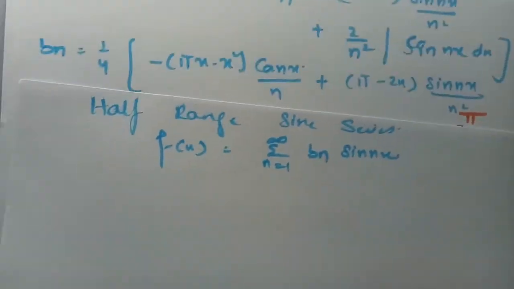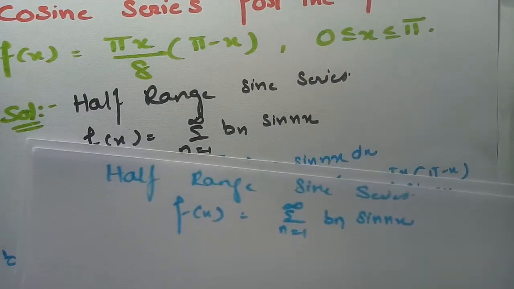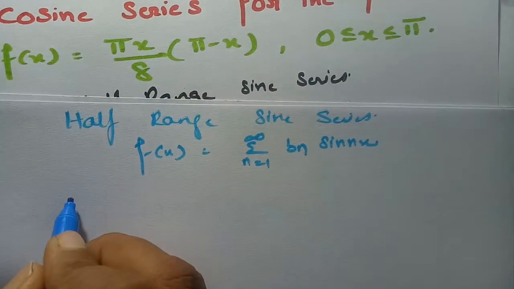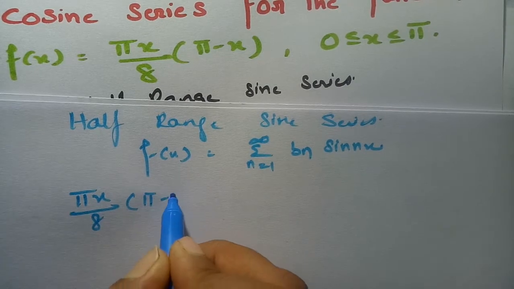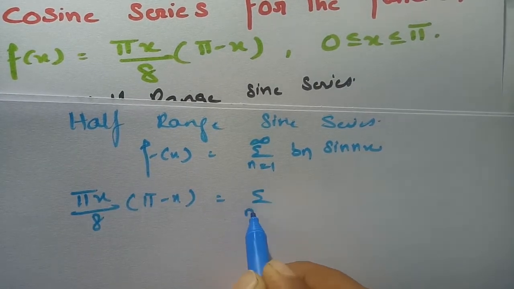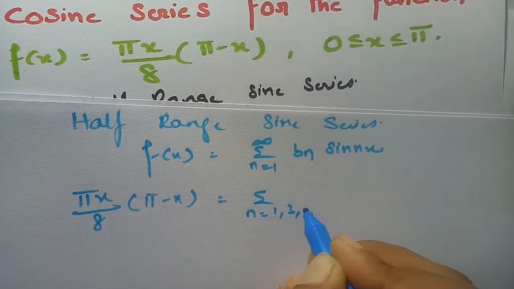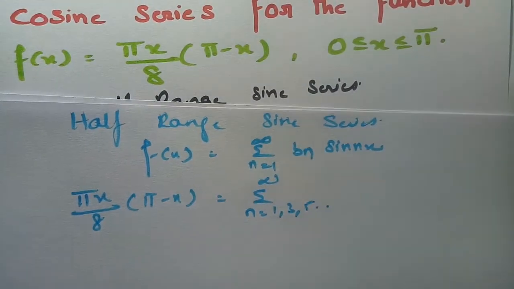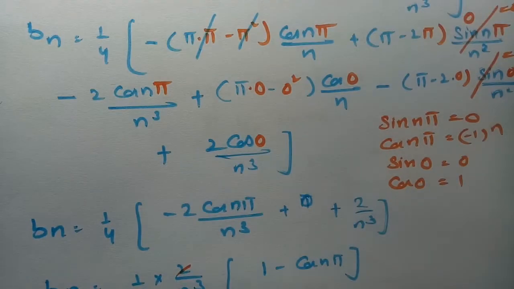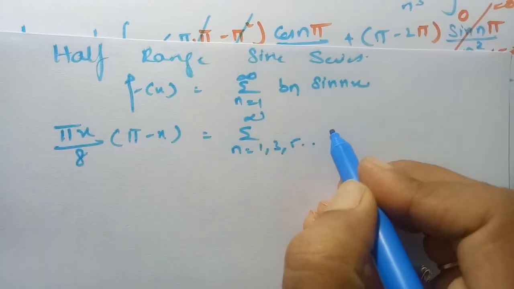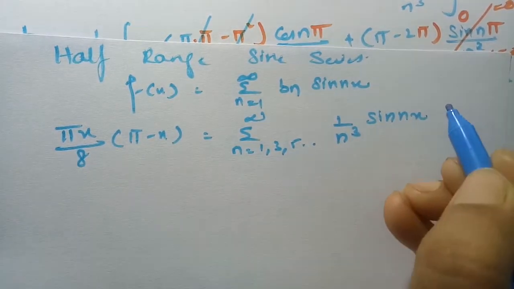From the question, f of x value is pi x by 8 times of pi minus x, equal to sigma n equal to 1, 3, 5 and so on to infinity, odd numbers, of 1 by n cube into sine nx.